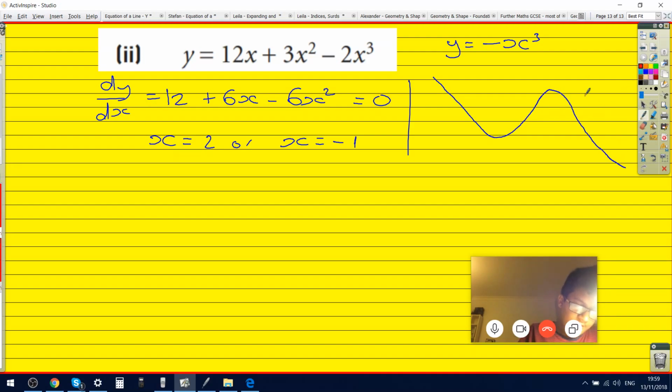So d squared y over dx squared is minus 12x plus 6. If we sub in 2 and minus 1, minus 12 times 2 plus 6 is minus 18, that would be less than 0.